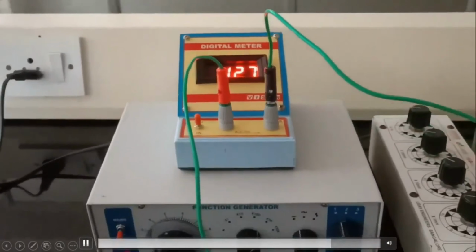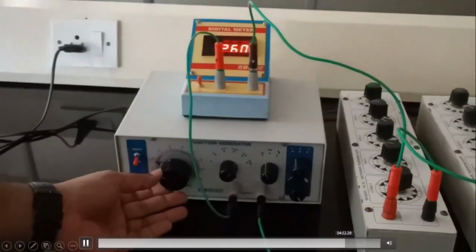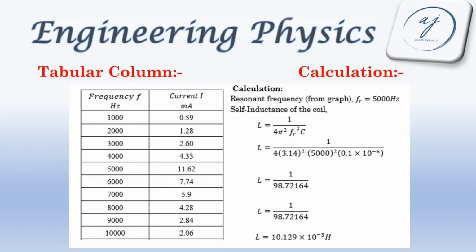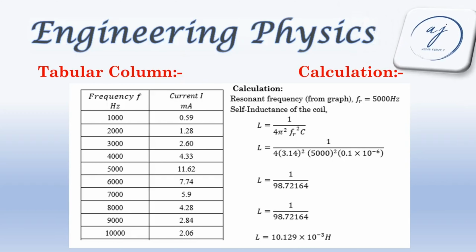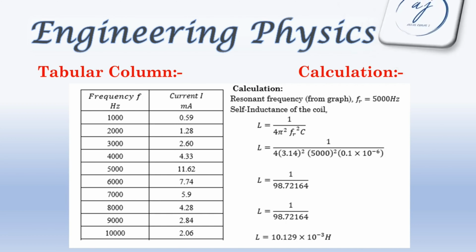The tabulations are as shown. That is, for every change in 1 kilohertz, we have tabulated the output current in milliampere. A graph is plotted and resonating frequency is calculated.